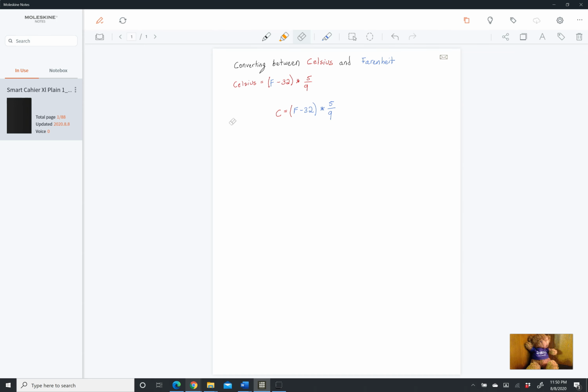Algebraically, what we want to do is get rid of this fraction first, this 5/9. I'm sorry, I'm going to put that back in red, again just to prevent some confusion here.